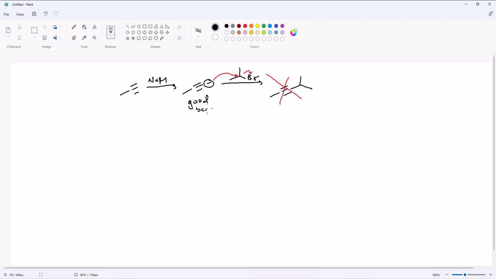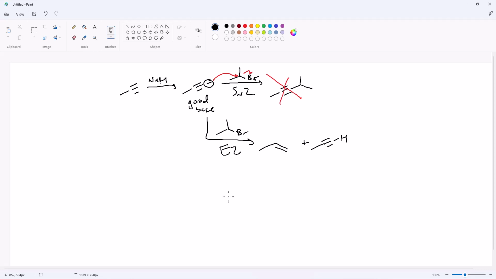It's a good nucleophile and a strong base. If we have a secondary or a tertiary alkyl halide, instead of doing the SN2 reaction, we're actually going to do the E2 reaction. So instead of generating the alkylated product, we'll simply do an elimination reaction and generate the alkene and regenerate the terminal alkyne product. So with secondary alkyl halides, we generate the E2 product. With primary and methyl alkyl halides, we are going to generate the SN2 product fully.